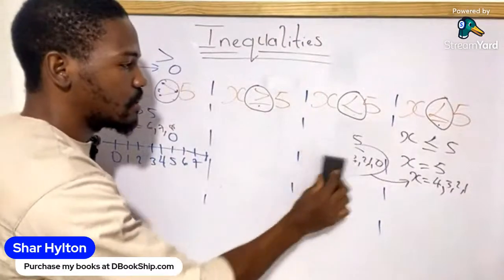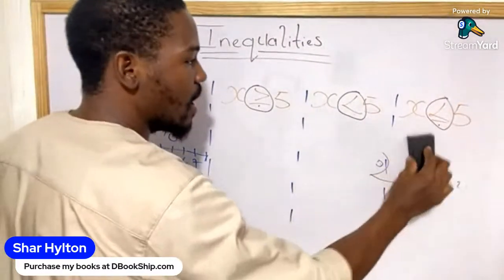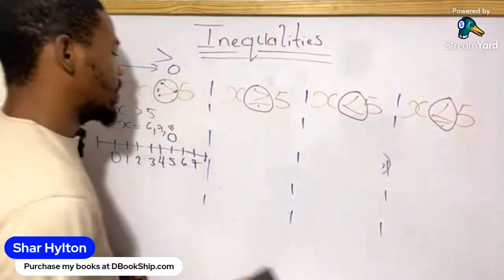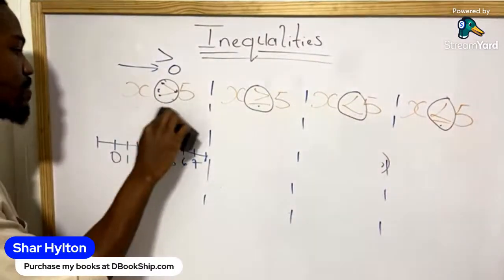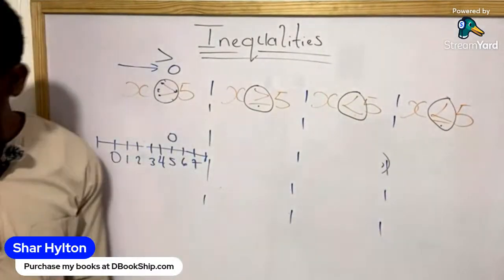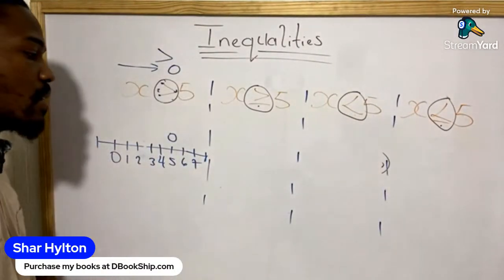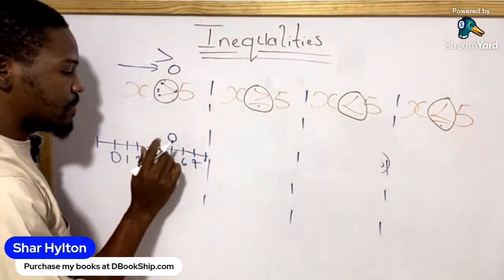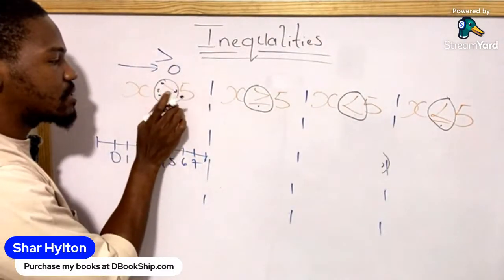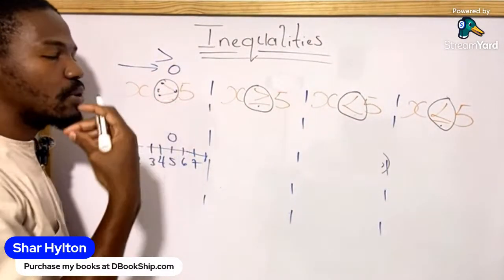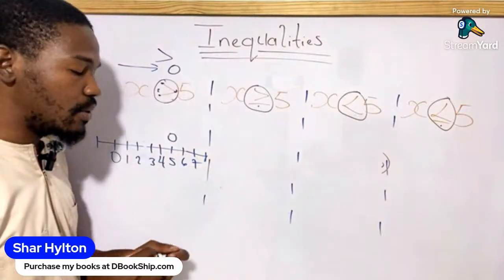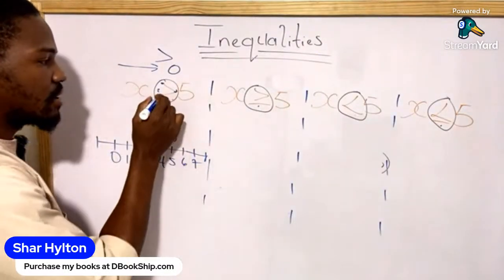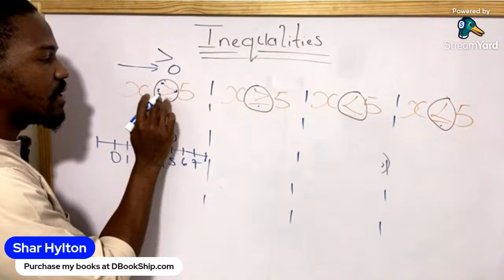All right, so with that being cleared up, I also want to explain my number line. Looking at my number line, I use an open circle for the ones that have no underline under the inequality.